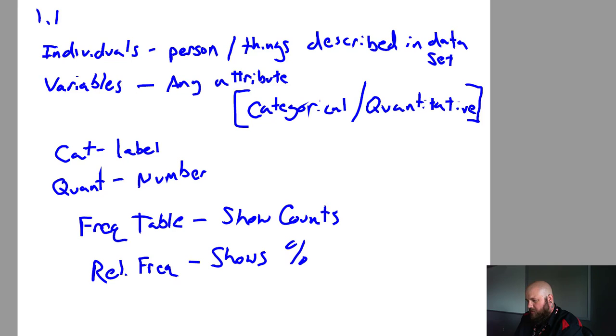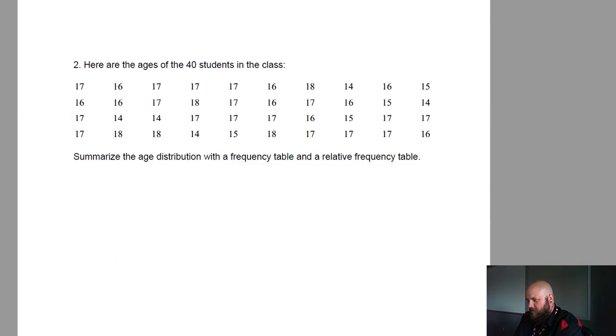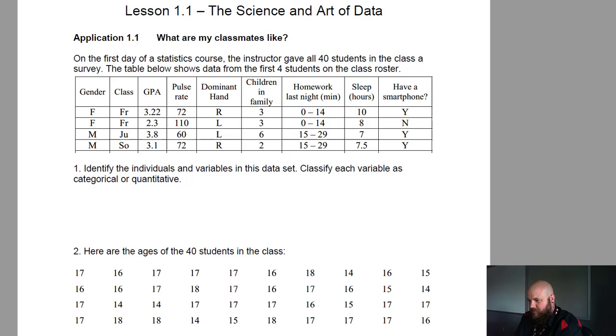So with looking at that, let's go through and work a problem and kind of get this explained a little bit easier. So with this one, on the first day of statistics course, the instructor gave all 40 students in the class a survey. The table below shows data from the first 4 students on the class roster.